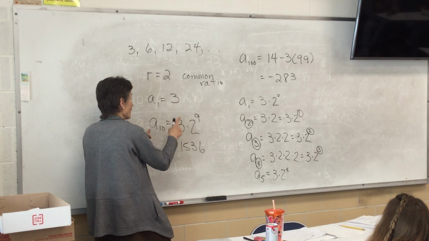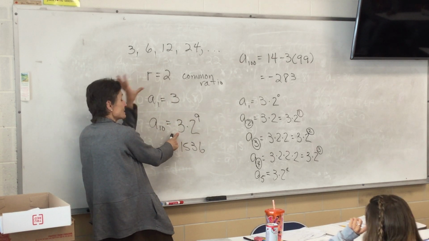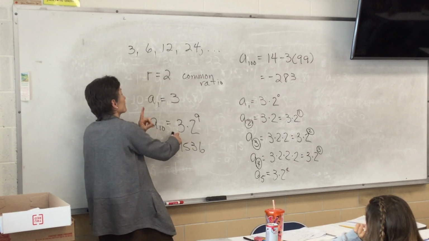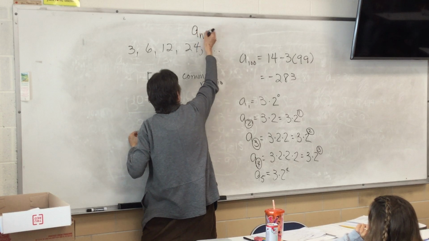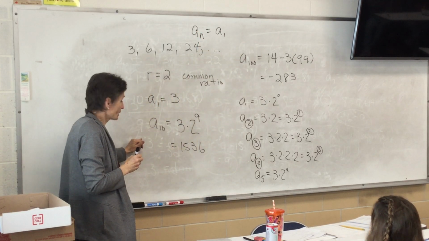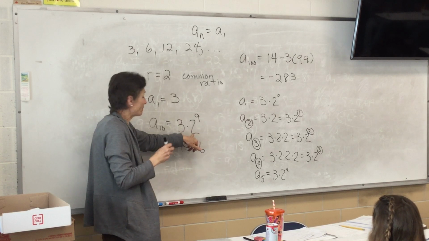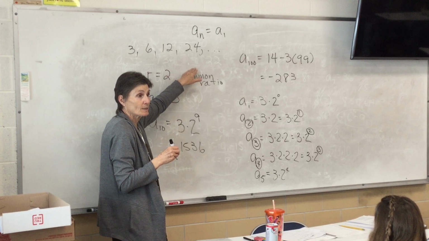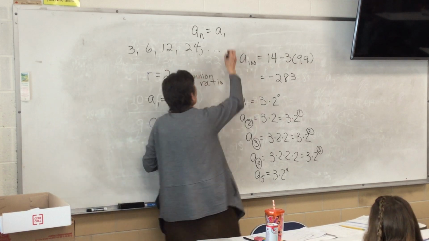Now, where did the 3 come from? What was the significance of the 3? It was the first term. I'm trying to build a formula here. So I took my first term, and then I multiplied it by 2. Well, what was the significance of the 2 in this problem? That's my ratio.